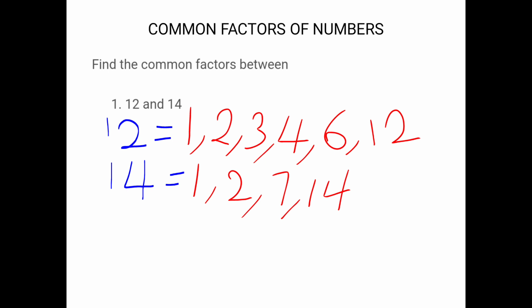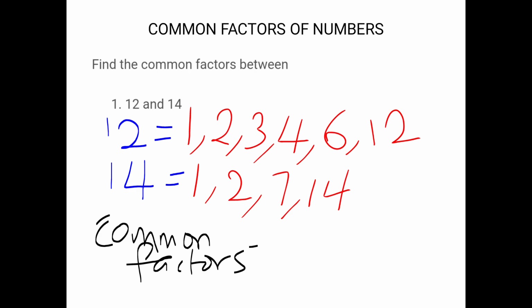Very good. So now what we do, our common factors will be factors that we can see in 12 and at the same time we can see them in 14. Let's figure them out. There is 1 here, there is 1 here, right? So we have 1. There is 2 here, there is 2 here, right?